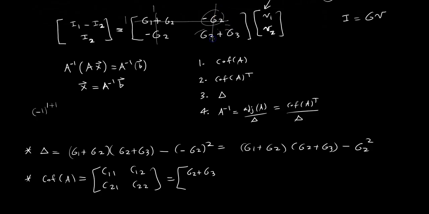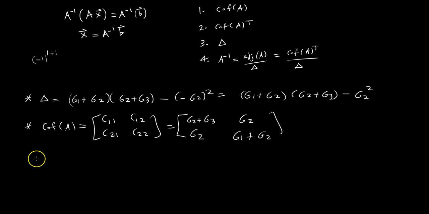This is what remains, and the indices are 1 plus 2, which is an odd number. Negative 1 to an odd number is negative, so it's the negative of negative G2, which is positive G2. I'll go ahead and finish the rest of these. I cover this one, I get the same thing, and same there. So G1 plus G2. That is our cofactor.